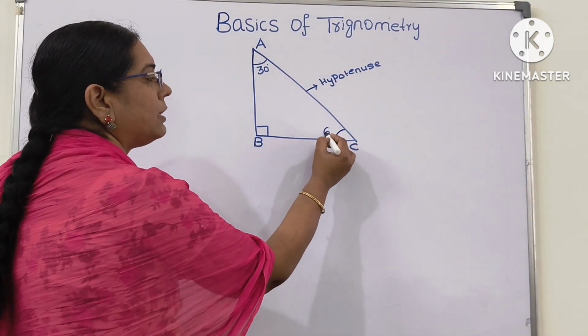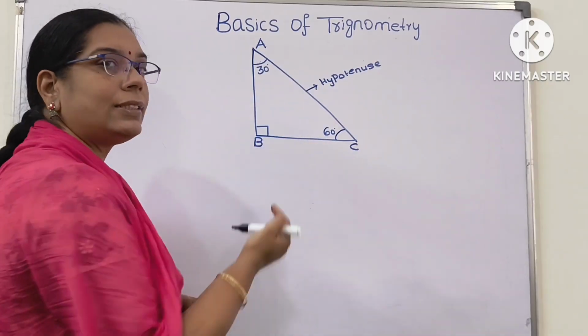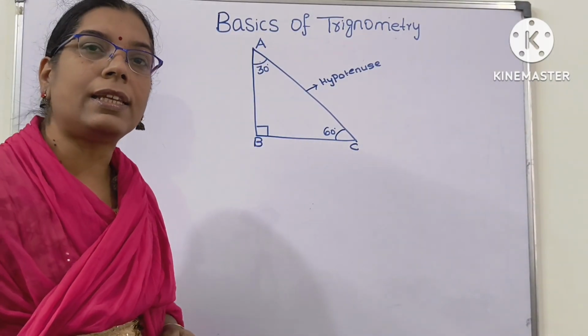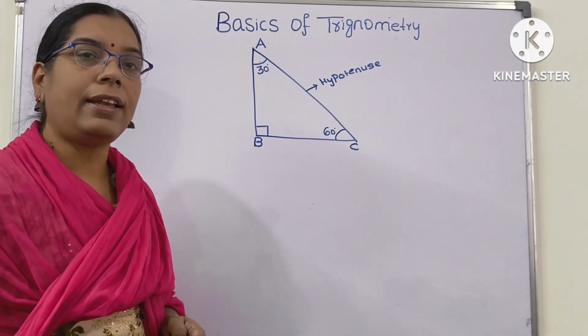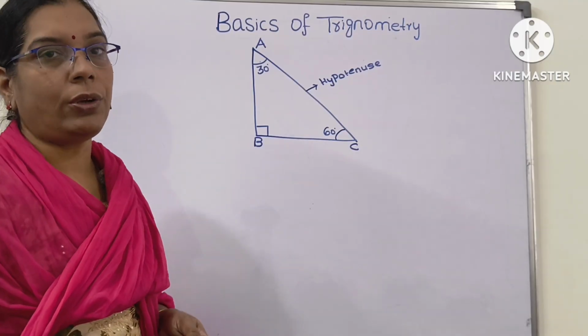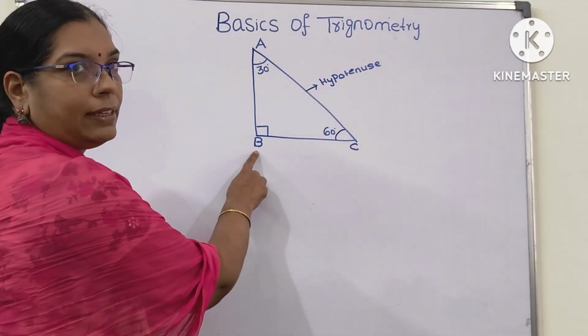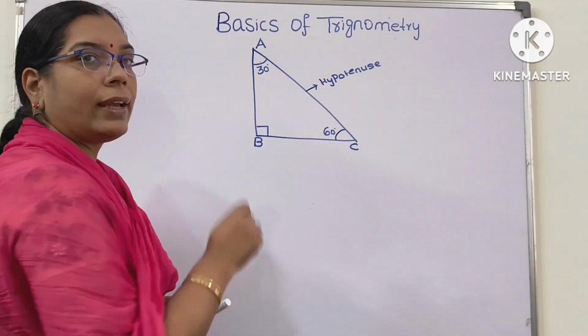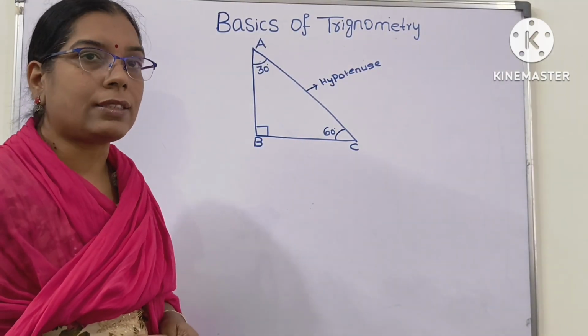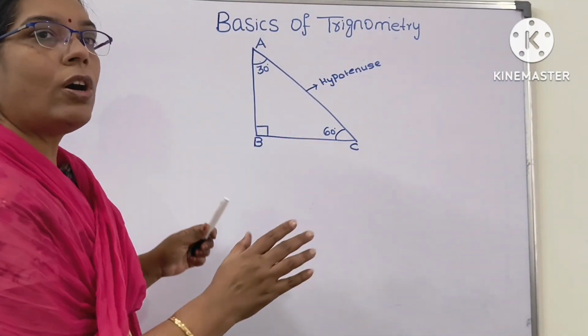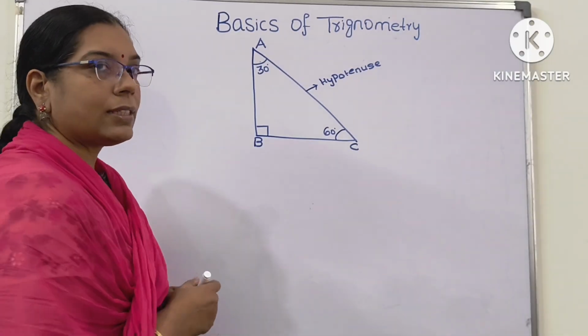So this will be 60 degrees. And what are 30 and 60 degrees? They are angles less than 90 degrees and hence these are called acute angles. So, in a right angled triangle, if one angle is 90 degrees, the other two angles will be acute angles. Now, our study is all based upon these acute angles.